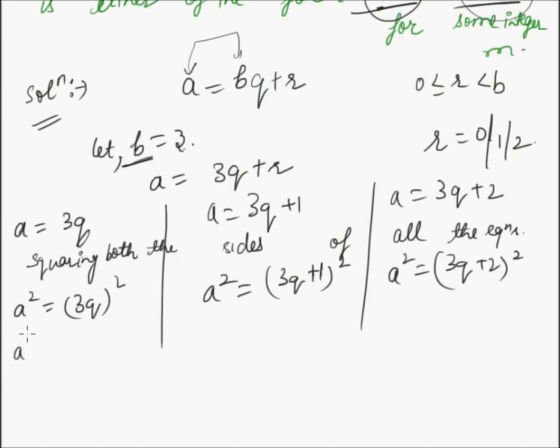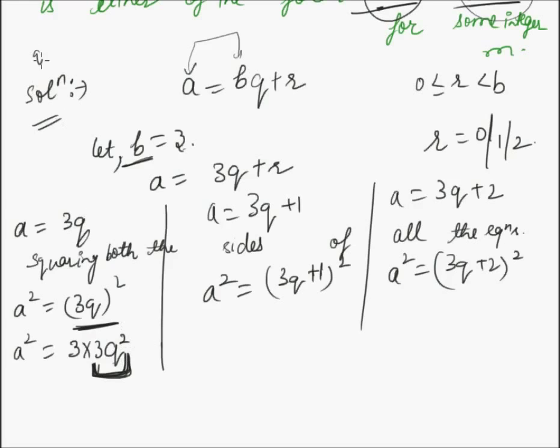So this term on the right hand side can further be expressed as 3 into 3q square. Now for different values of q, this particular term will be some integer, because q will be an integer as per the conditions of Euclid Division Lemma.